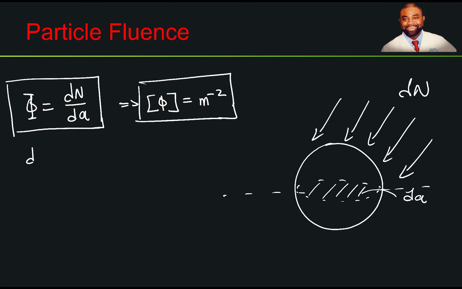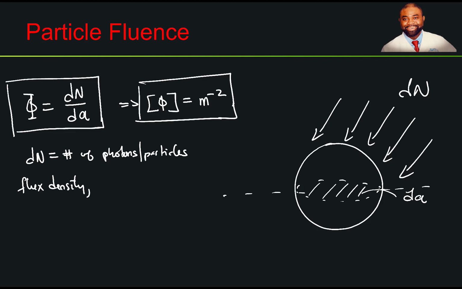Now, dN represents the number of photons or particles incident on, or that enter, the imaginary sphere with cross-sectional area A. There's another term that we call the fluence rate or flux density.